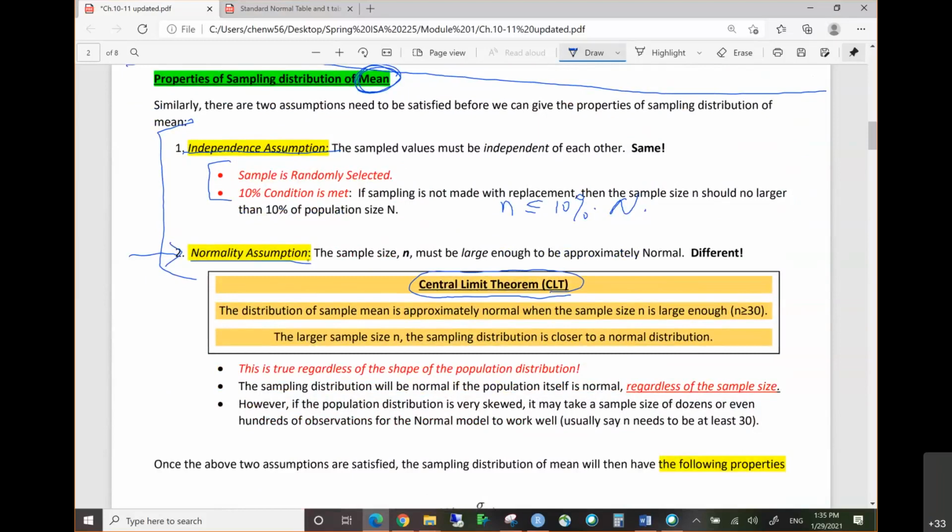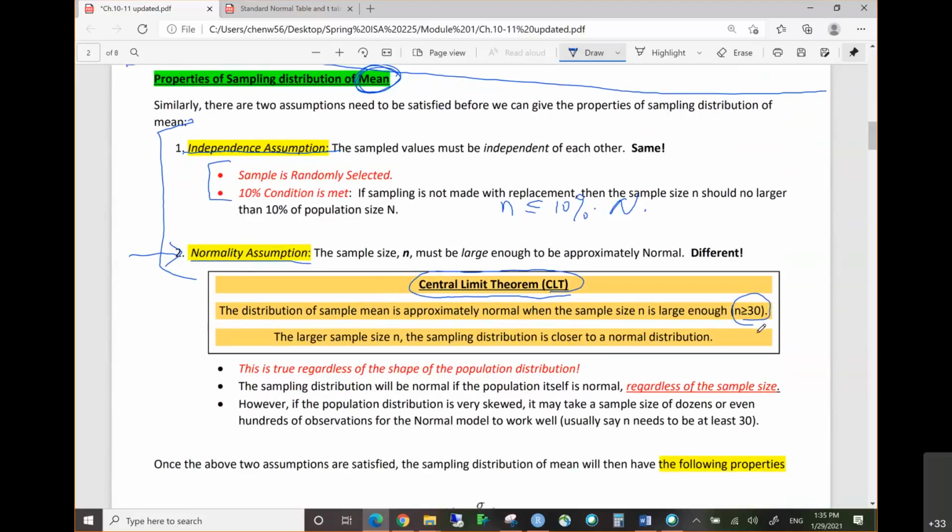So what does this theorem say? The distribution of the sample mean is approximately normal when the sample size n is large enough. How large is large enough? A sample size larger than or equal to 30 is considered large enough.